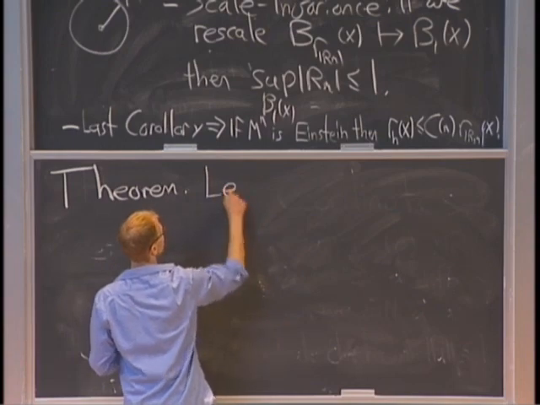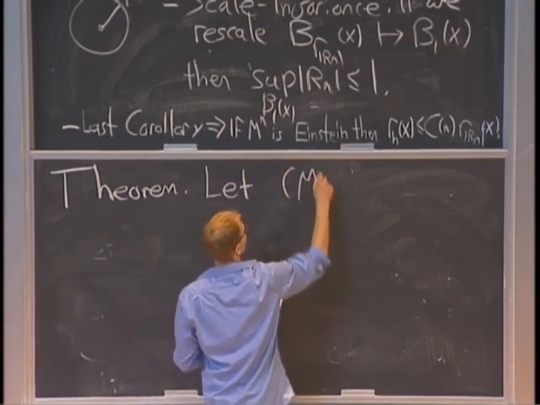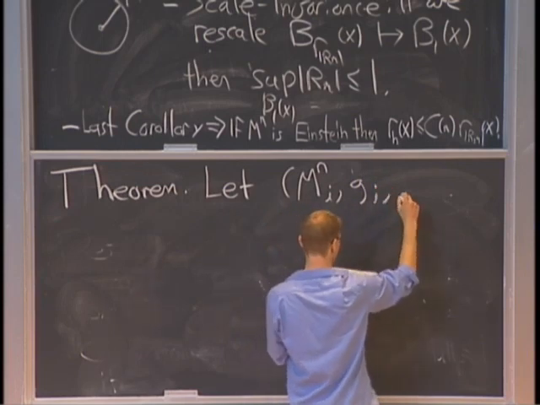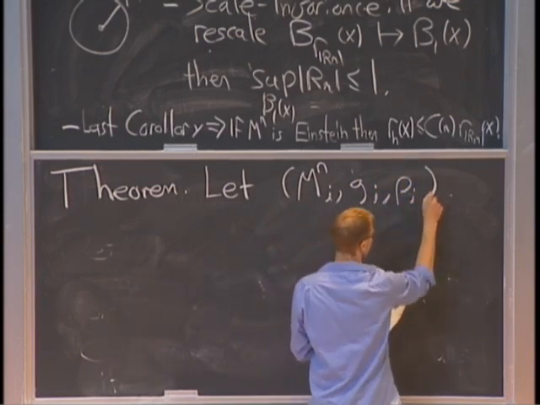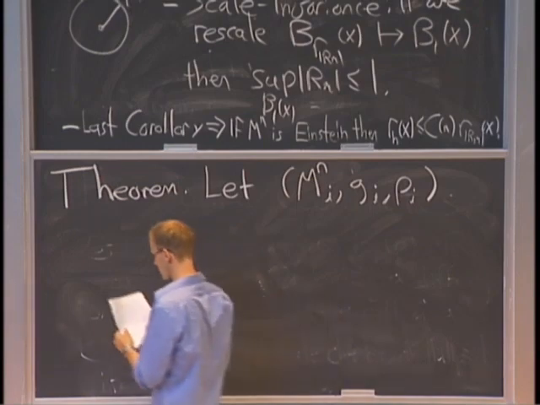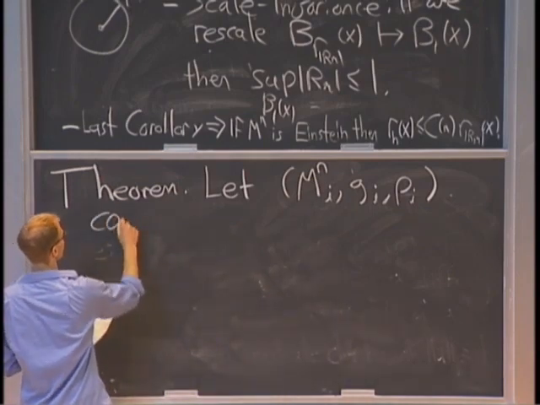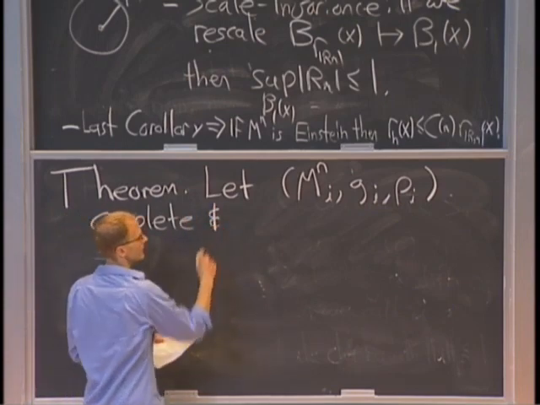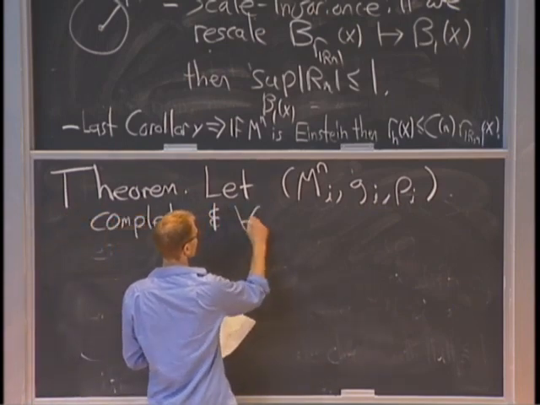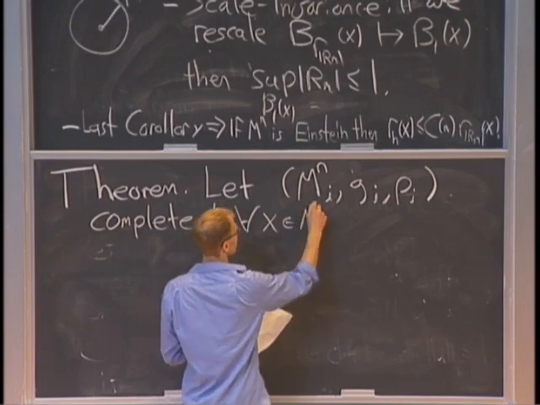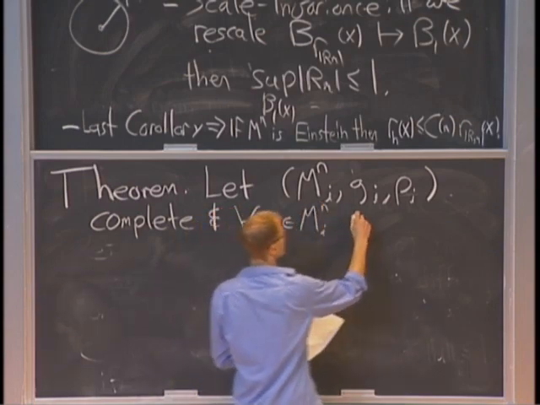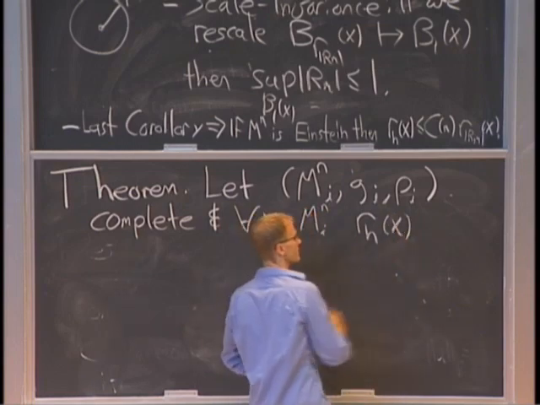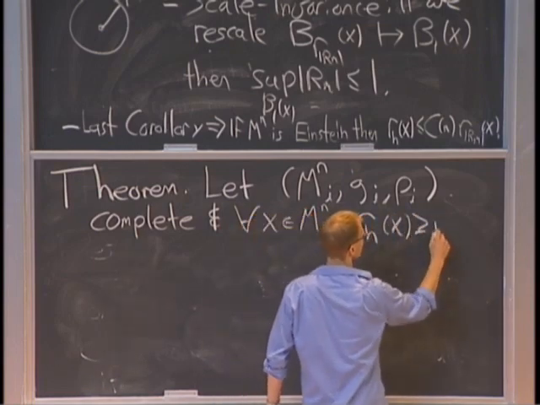Let's consider a sequence of Riemannian manifolds which are complete, as always, and such that for every x inside them, the regularity scale, or the harmonic radius, doesn't matter, let's say harmonic radius, is bounded from below by something.